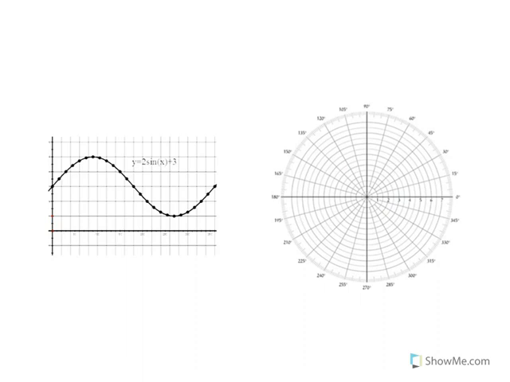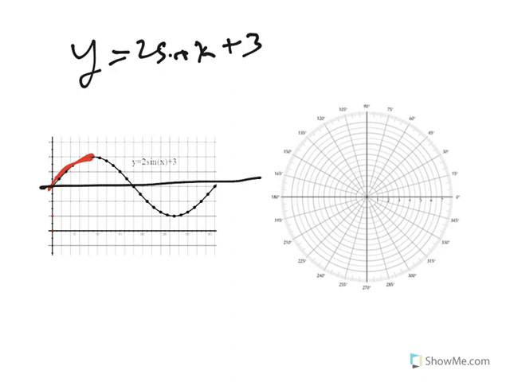Now what happens if b is not 0? Like y equals 2 sine x plus 3. Well, that graph is moved up by 3. So like the center point here is at 3 instead of 0. I'll make 4 different colors here. Now let's see how this translates onto the polar graph.